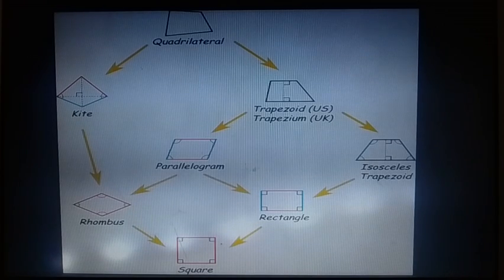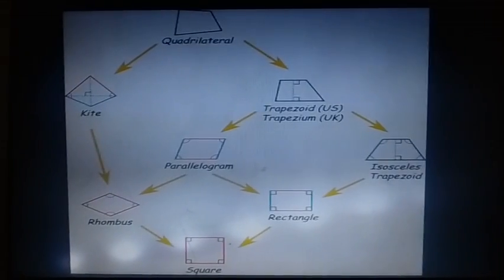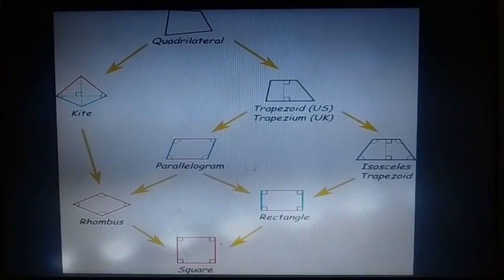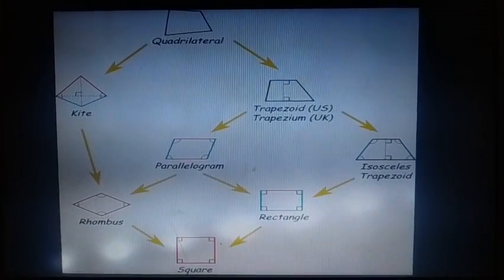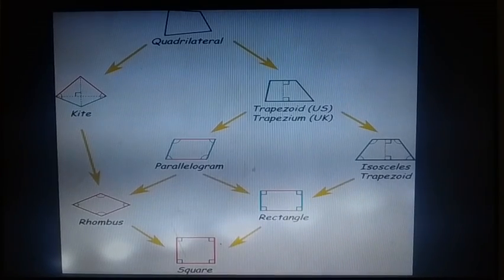But in a square, all the sides are congruent and each angle is a right angle. Coming to rhombus, in a rhombus all the sides are congruent. Since it is a parallelogram, opposite angles are also congruent.